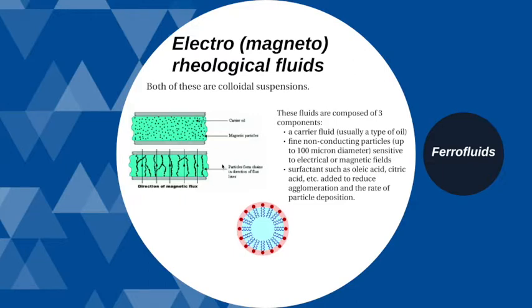So the main components of these fluids is, first, the fluid itself, okay. We call it the carrier fluid, usually oil or any type of oil, and then non-conducting particles, and it needs to be sensitive, either to electrical, so you have the electro, or magnetic fields, the magnetorheological fluids.